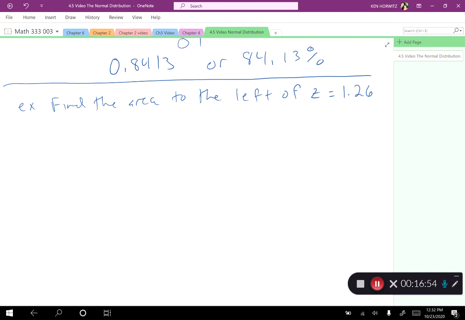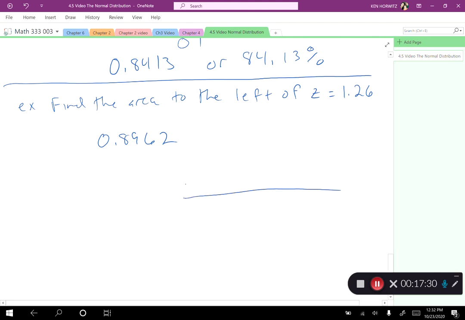So we're going to go to our chart, and we're going to go to the 1.2 in our z column, and then we're going to go across to the right to 0.06, so 1.26, and I get 0.8962. That is the area to the left of 1.26.